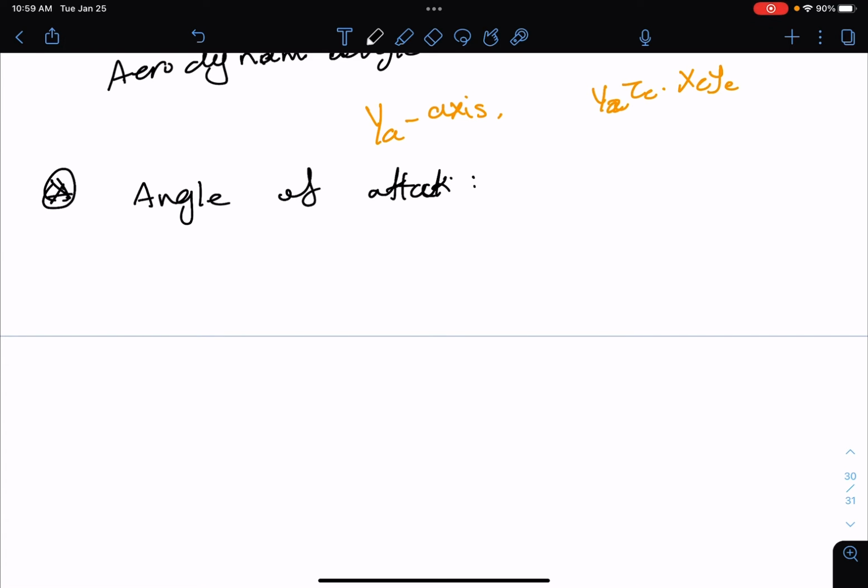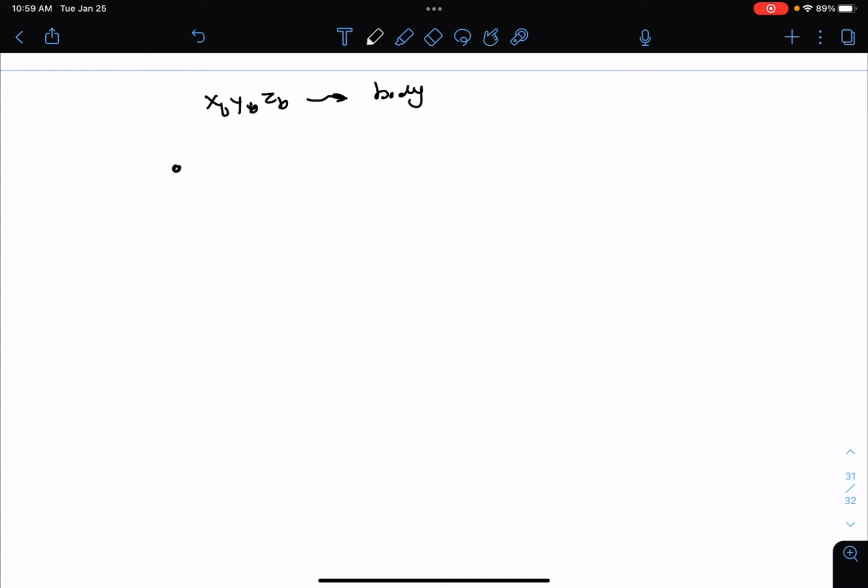Yes? It's the relation of the air path system to the plane, the body. So exactly. So we had the XB, YB, ZB, right? The body axis. And we had the XA, YA, ZA, the air path axis.